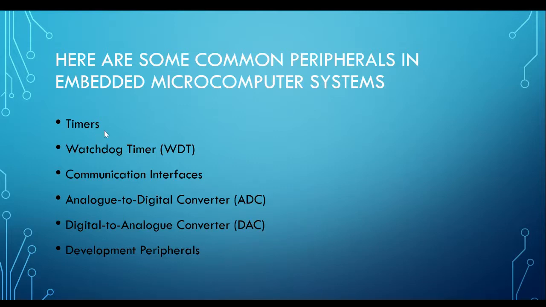Those are common sense, because most of the equipment you deal with in your daily life. Now, this could be the first time you're listening to me talk about these devices. The concepts associated with I/O are timers, watchdog, communication interface, ADC, DAC, and development peripherals.